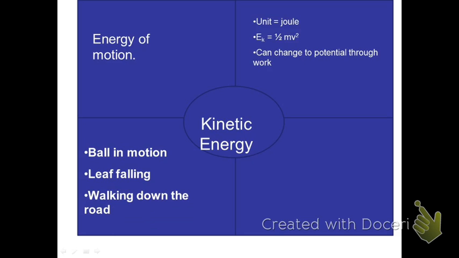Or walking down the road. If you are in motion, if you are moving, you have kinetic energy. Non-examples include a stretched rubber band. It's not moving. Or a drop of water right before it drips.